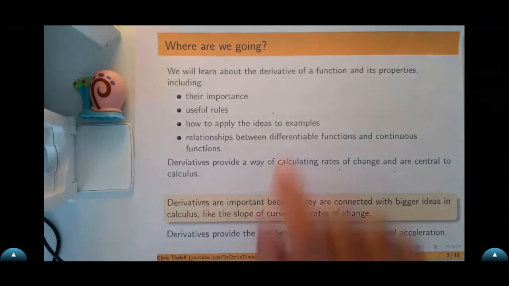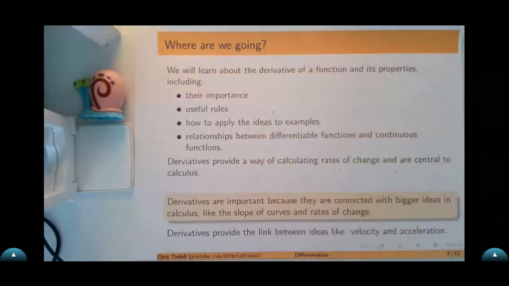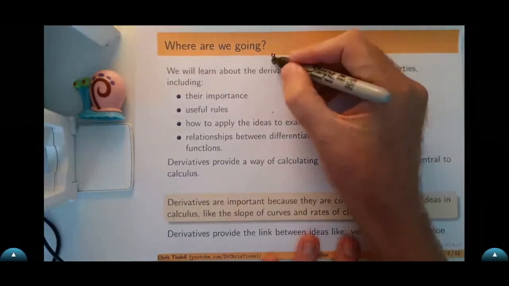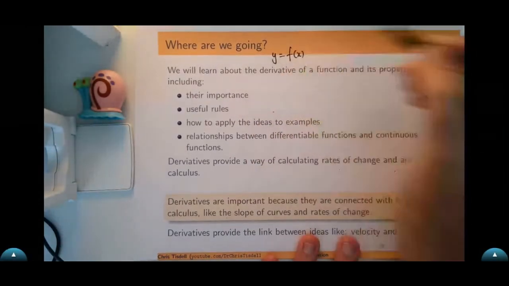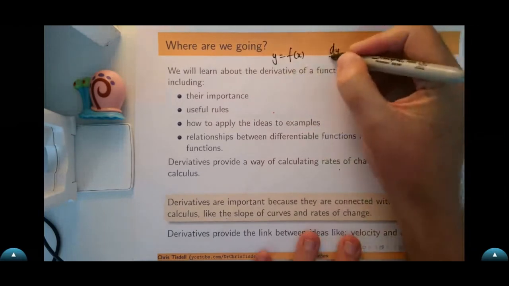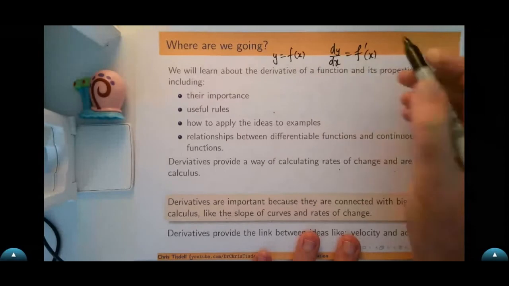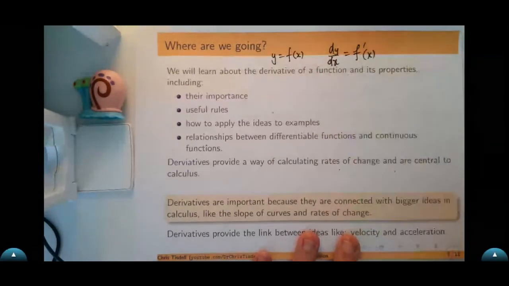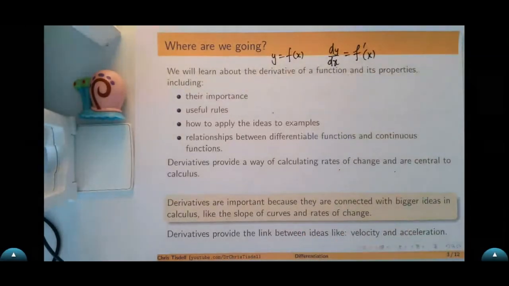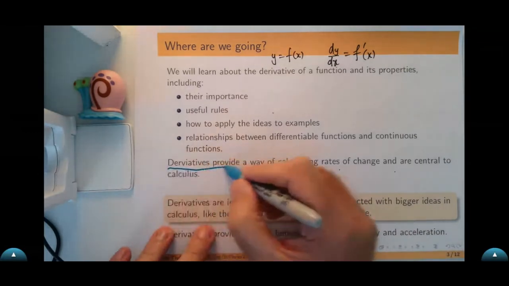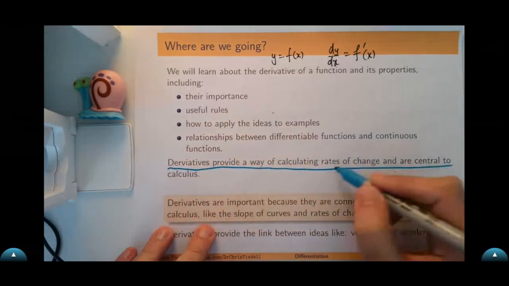All right, derivative of a function. So you have something like y equals a function of x, and you can write the derivative like this or like this. So you can put a dash or dy dx. They're both okay. And as you probably remember, derivatives give us a way of calculating rates of change.